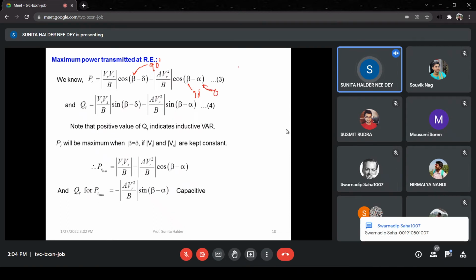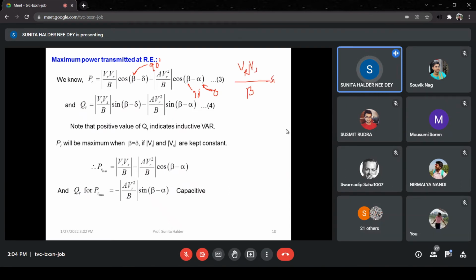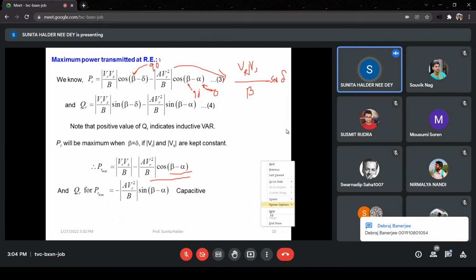So actually this expression comes as VR Vs by B sine delta, that I derived in the last class for compensation, right? Here it is not required, but I have mentioned it as it has come. But if we take the exact values of beta and alpha, this will be the exact expression.